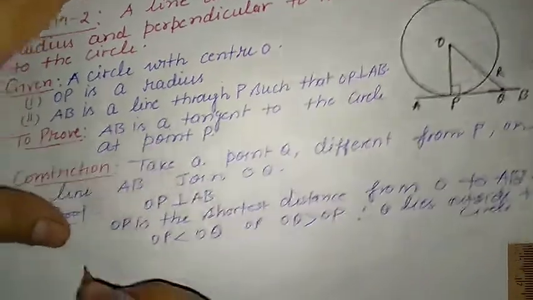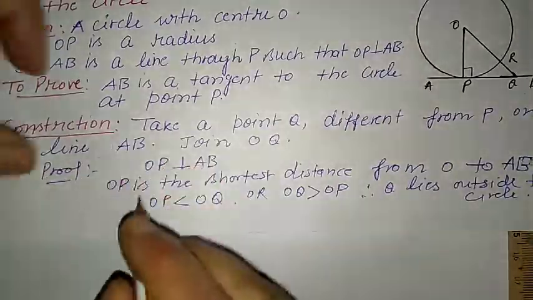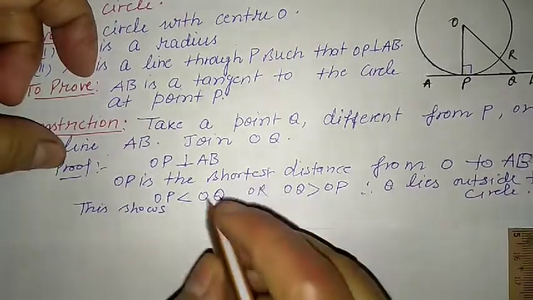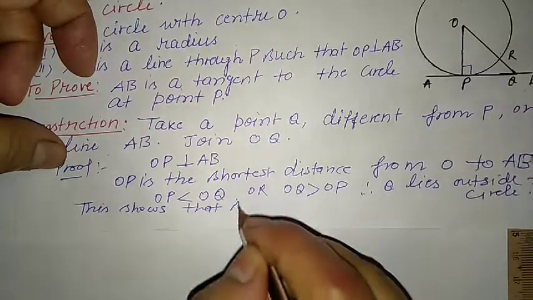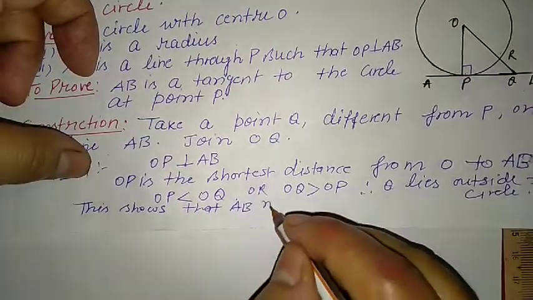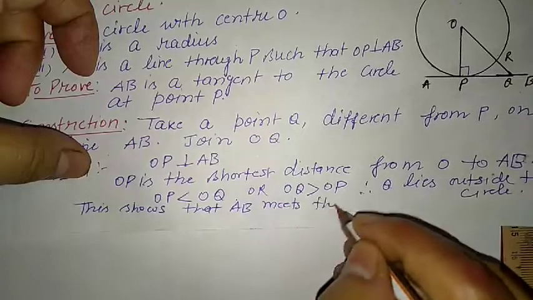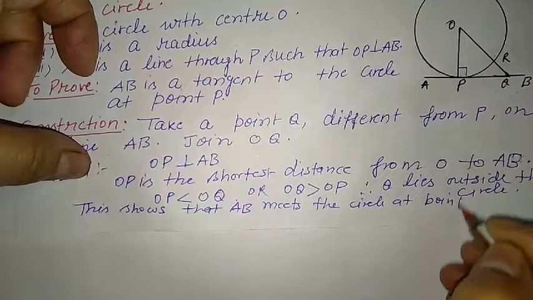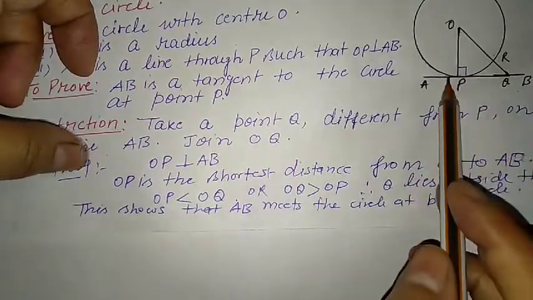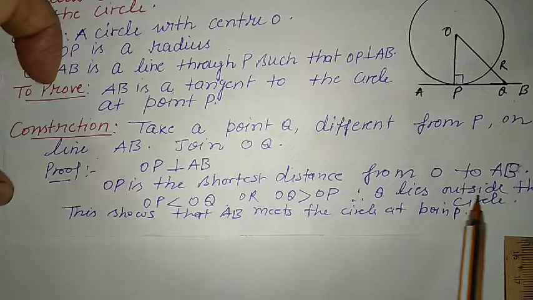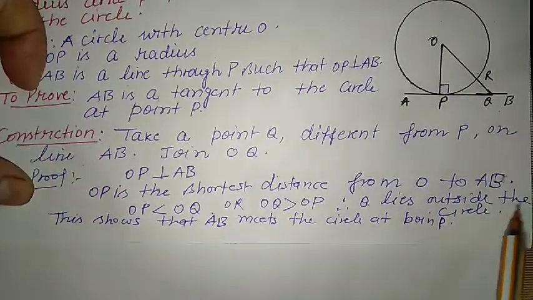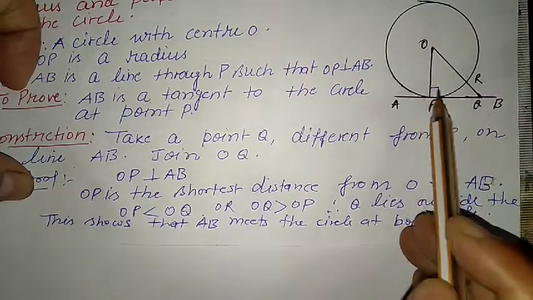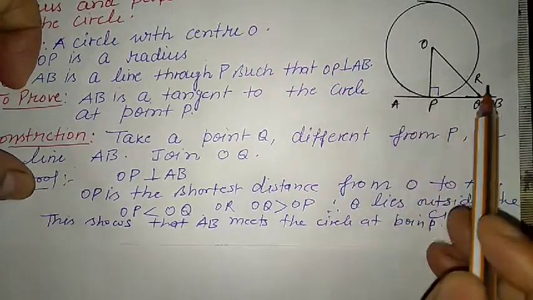This shows that AB meets the circle at point P. Q lies outside the circle, so every point on AB other than P lies outside the circle.